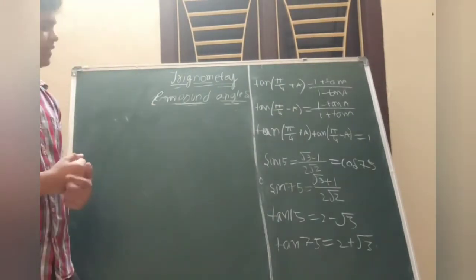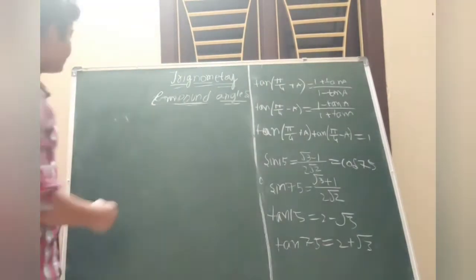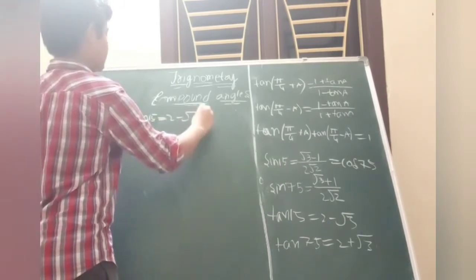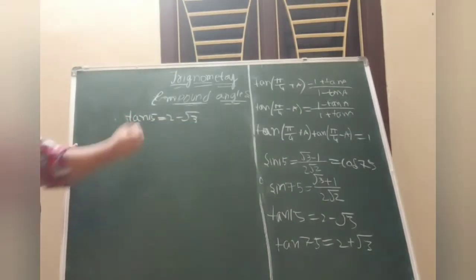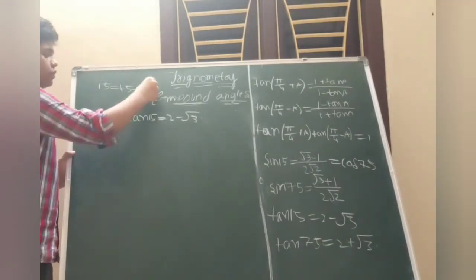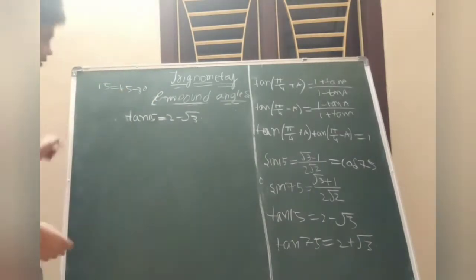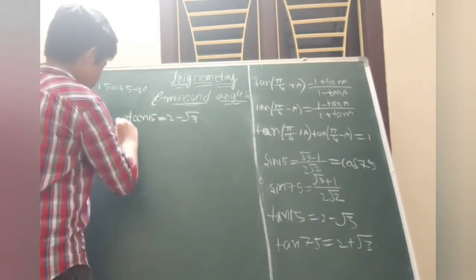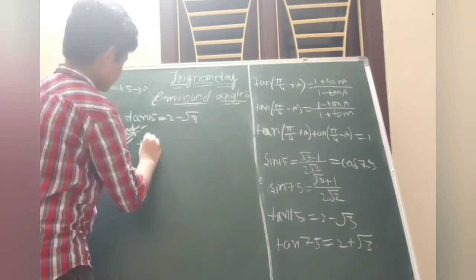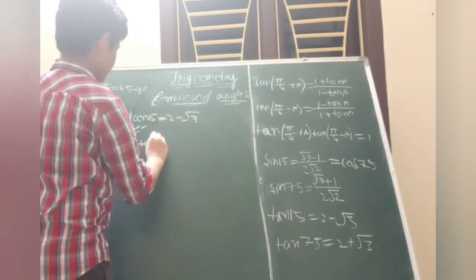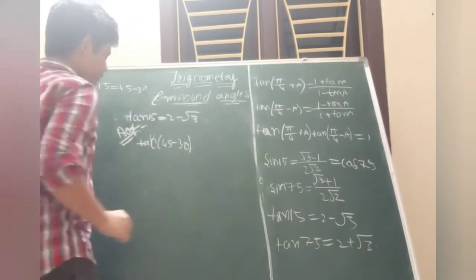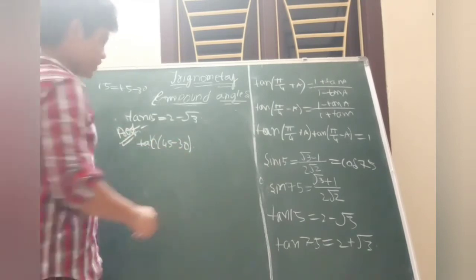So now let us learn the proof of tan 15 is equal to 2 minus root 3. Again let us suppose 15 as 45 minus 30, since we know the values of 45 and 30. Proof. So tan 15 means tan of 45 minus 30. We have to apply the tan of a minus b formula.